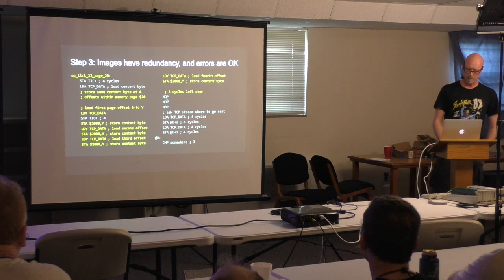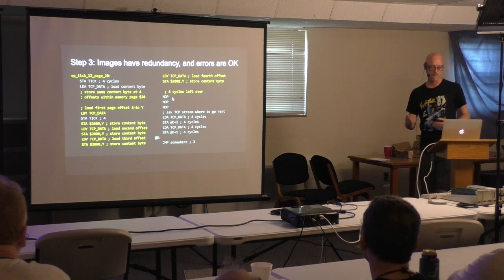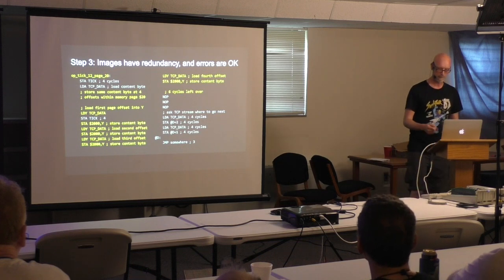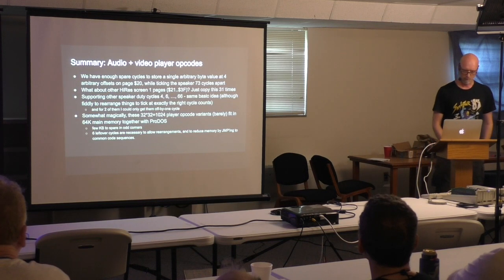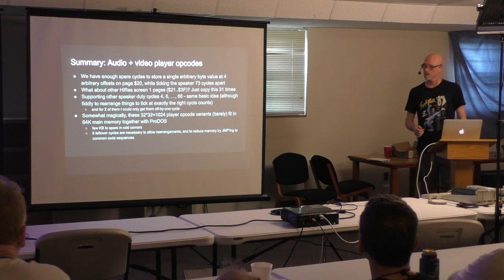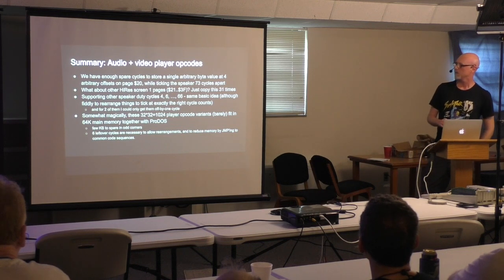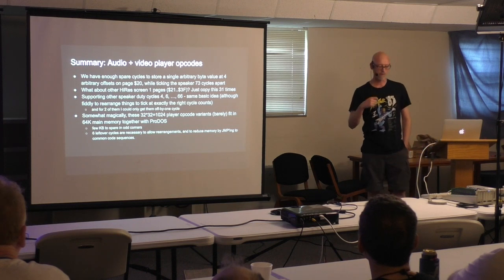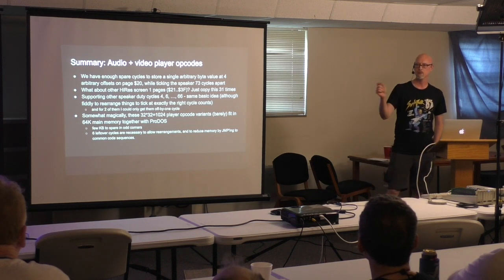And so it turns out you have some cycles left over, but this is useful to be able to juggle things around in some of the cases later on. So what we've got now is the ability to store an arbitrary byte value at 4 arbitrary offsets onto a given high-res page.